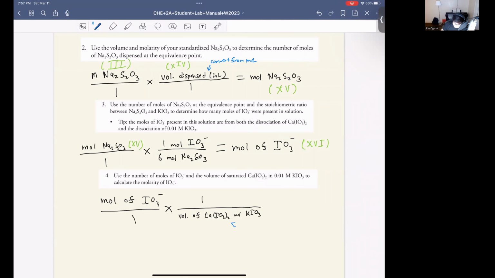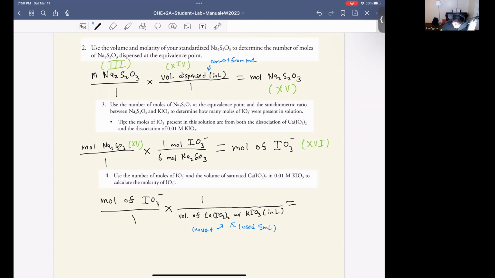You should have used 5 milliliters. Maybe you didn't, so that's why I'm writing it generally here. But make sure you do this in liters. I'm not going to write convert here, just to remind any of you. I won't do it for the next one, if there is one.